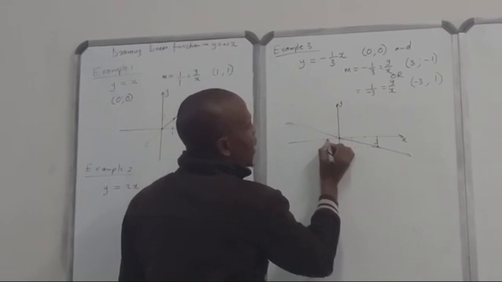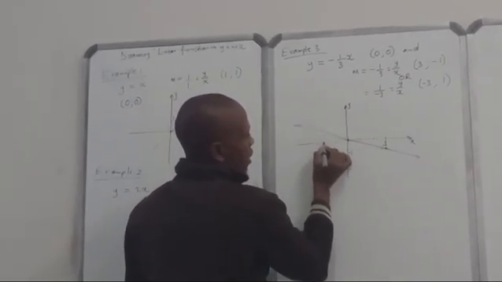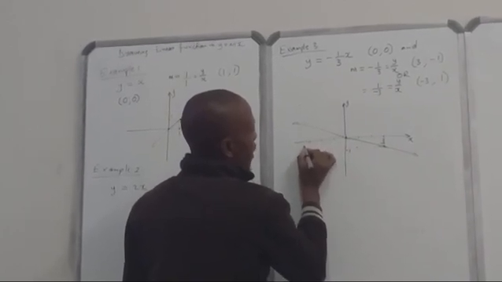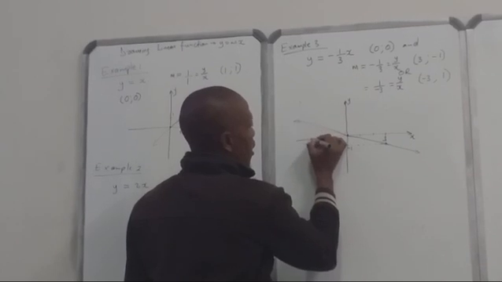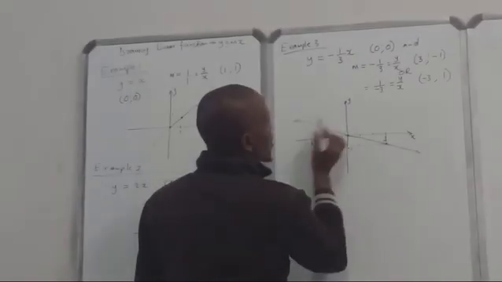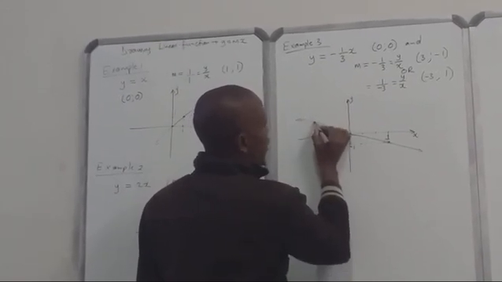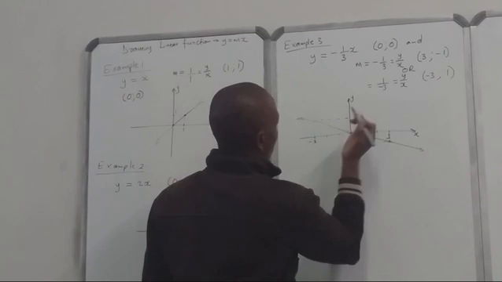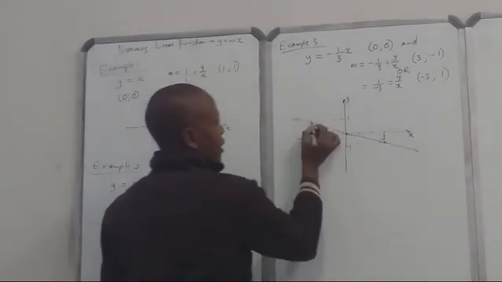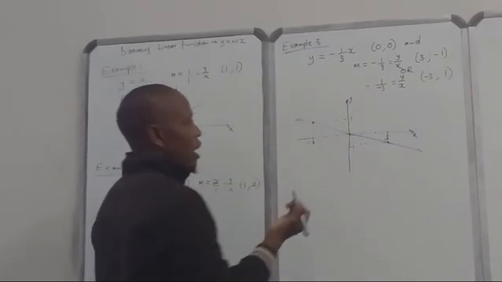Now look, for our second point, if we had this as negative 3, it will still give us negative 3 and then our y is 1. It will give us the same line. It's not a problem.